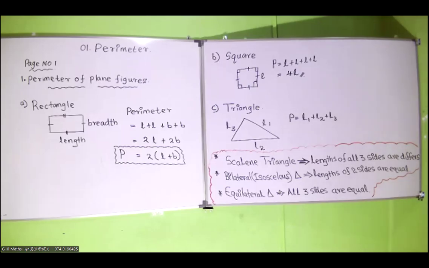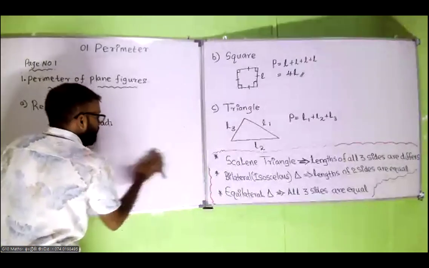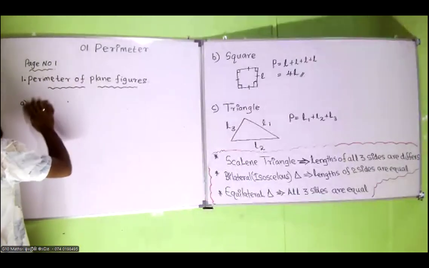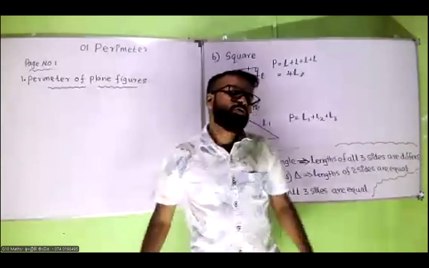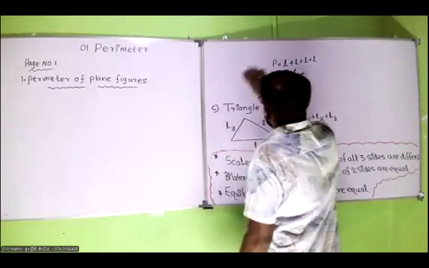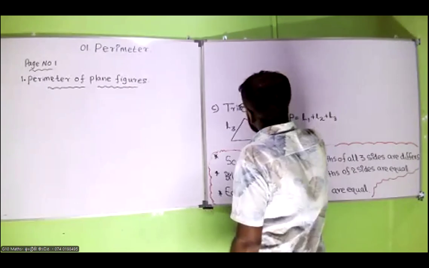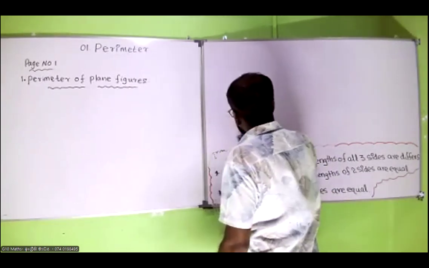Okay, so now we have to find the perimeter of a circle. Can anyone tell me what formula you are going to use? What is the formula for finding the perimeter of a circle, or circumference?